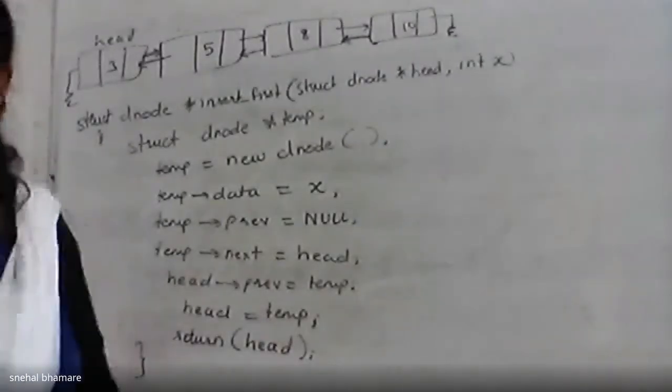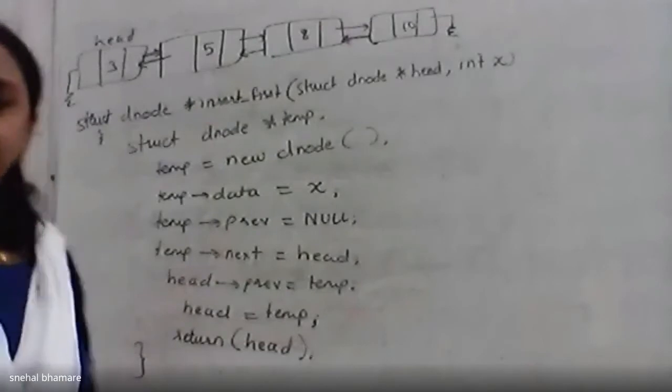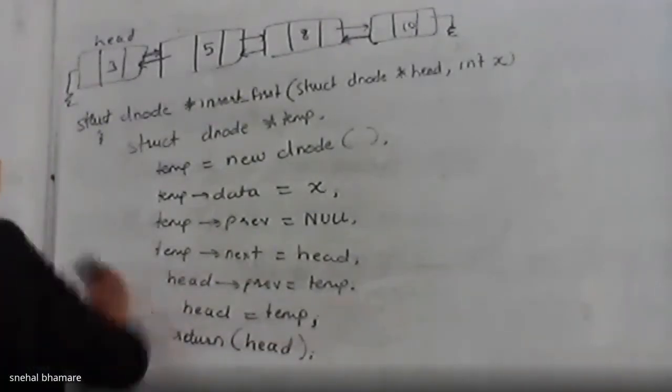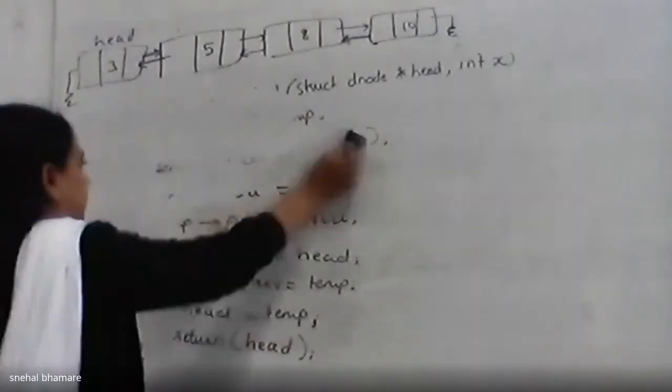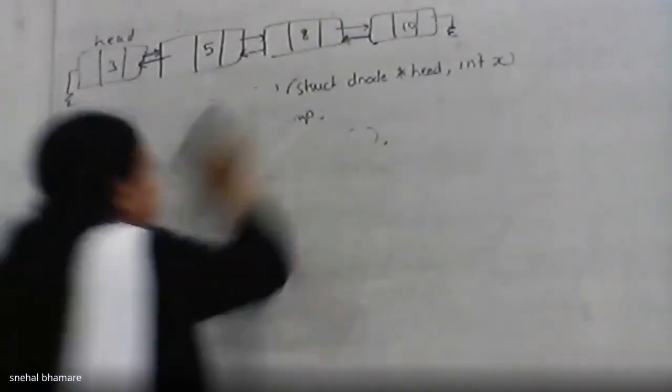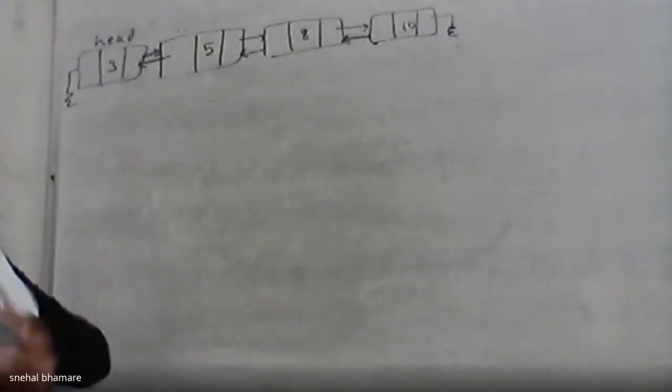Okay. Now next is insertion in between. Now for insertion in between, what we have to do, for example, consider this as my original linked list. Now I have to insert a new node, let's say 7, after 5.